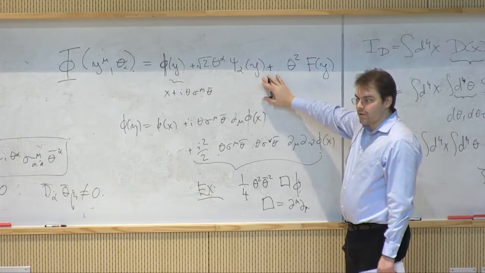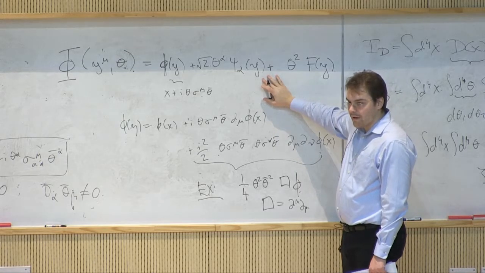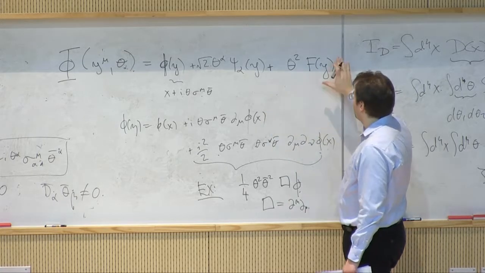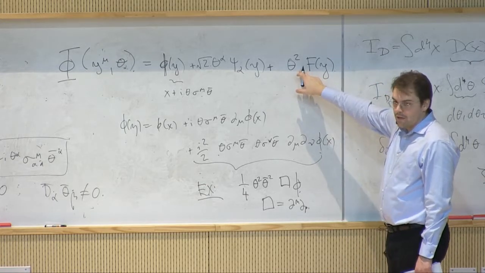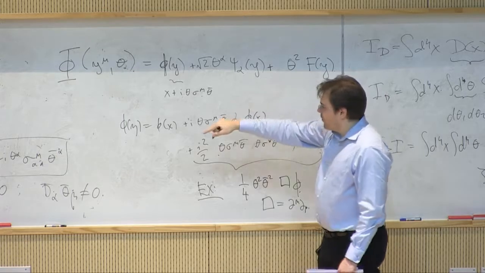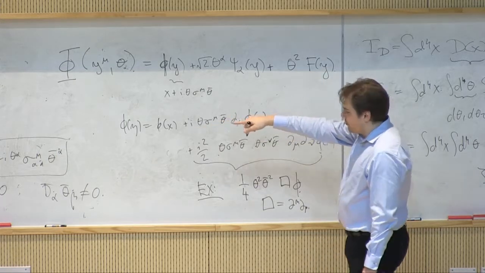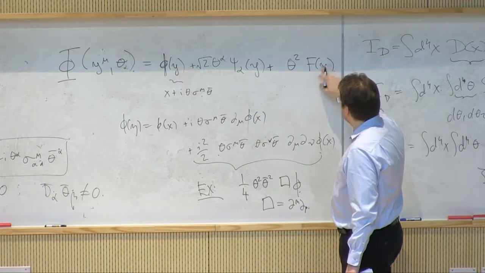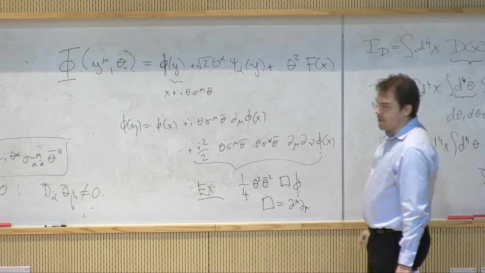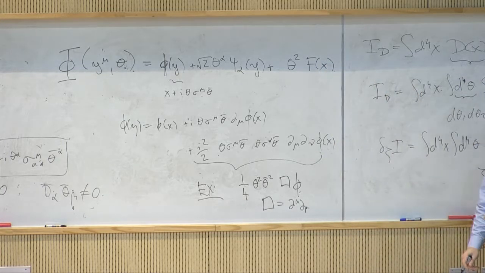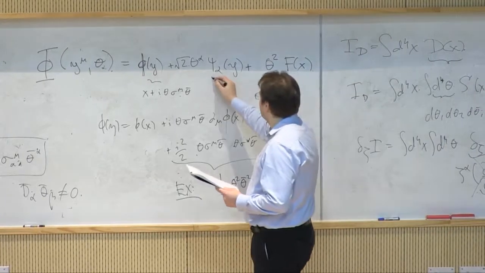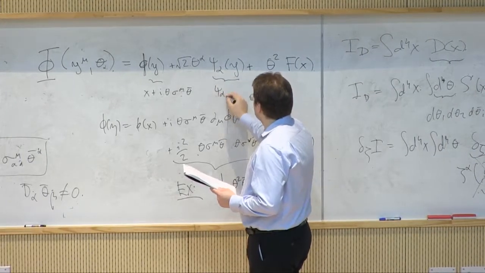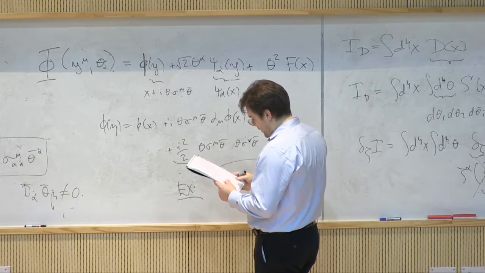And if you do that, you'll also get a term with 1 derivative on psi. And for f, nothing happens because we already have 2 thetas here. So when we expand, all the terms with theta, theta bar vanish. So actually, we can replace this by x for free. And that's it.